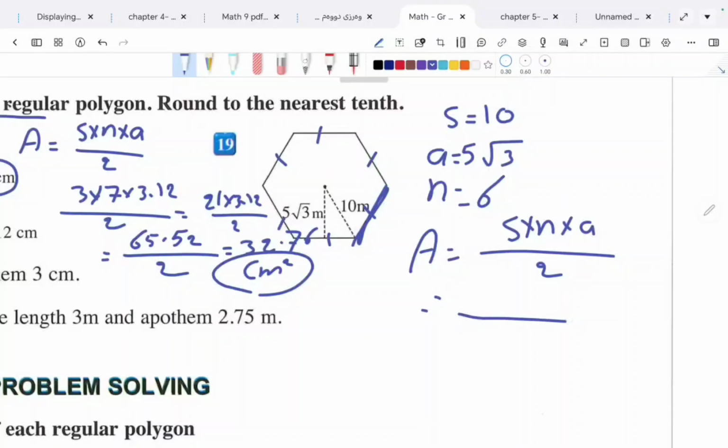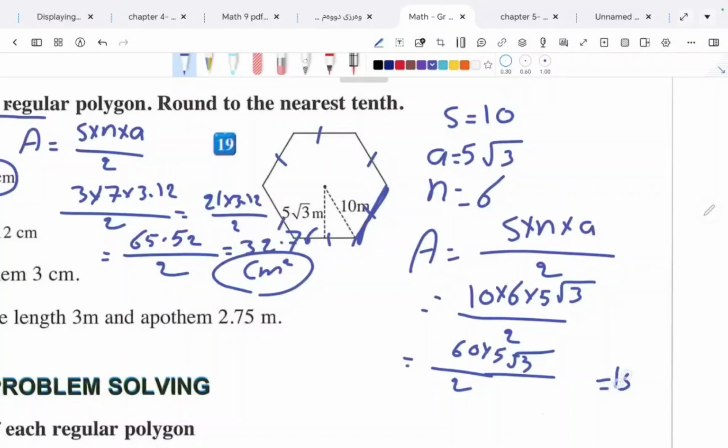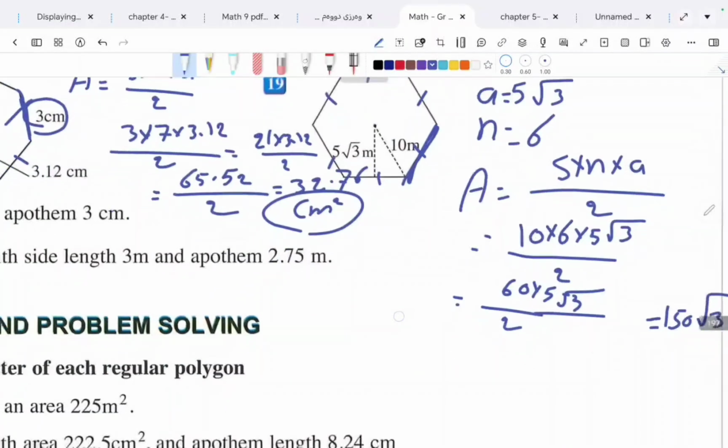S equals 10, n equals 6, and apothem equals 5 square root of 3 out of 2. 10 times 6 equals 60 times 5 square root of 3 divided by 2, which equals 30 times 5, so it will be 150 square root of 3.